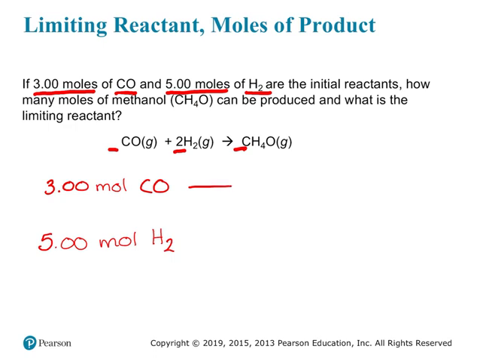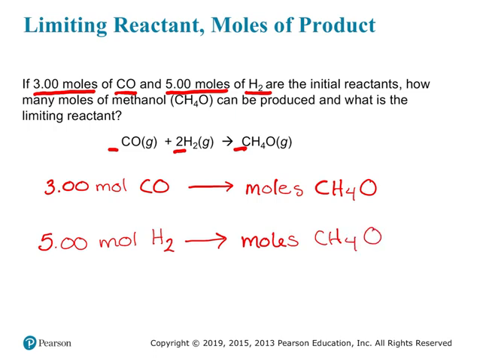So we're going to convert each of these to moles of the product. And then we're going to compare those amounts and figure out which one is smaller. And whichever one is smaller will tell us which reactant is limiting in this instance.